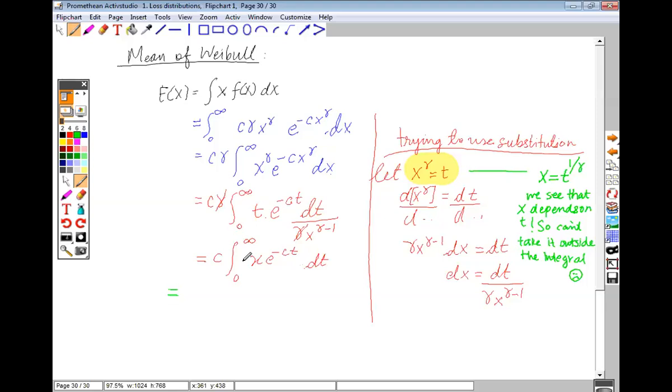I substitute, instead of x, t raised to 1 upon gamma. So what I'll have here is c integration from 0 till infinity, and instead of x, I'll have t raised to 1 upon gamma. And again, now I have e raised to minus ct dt.